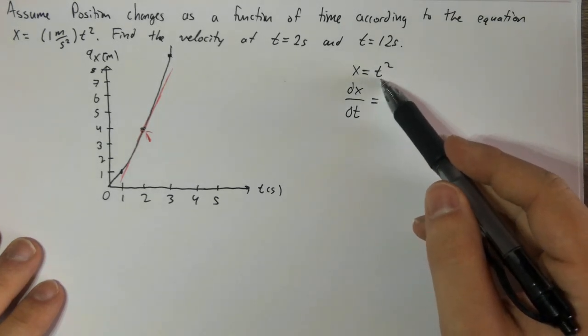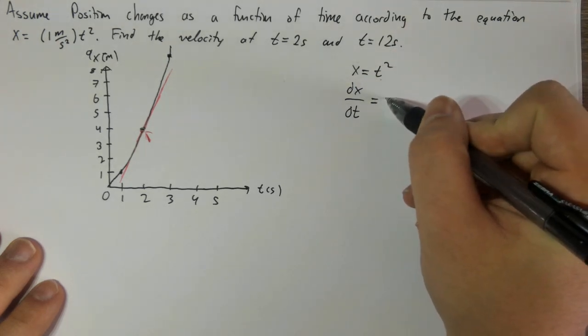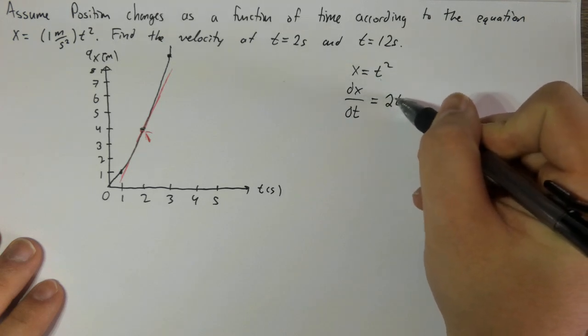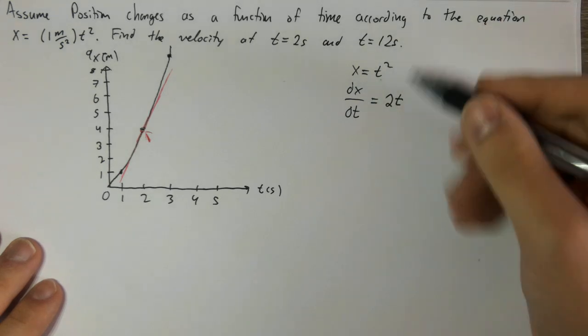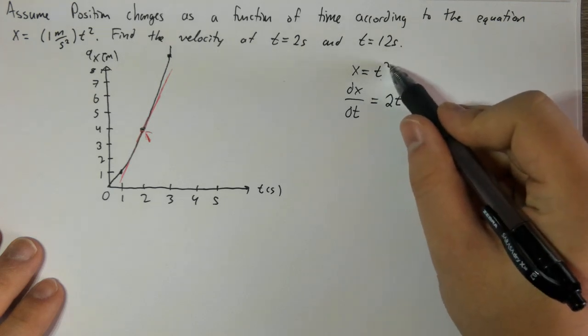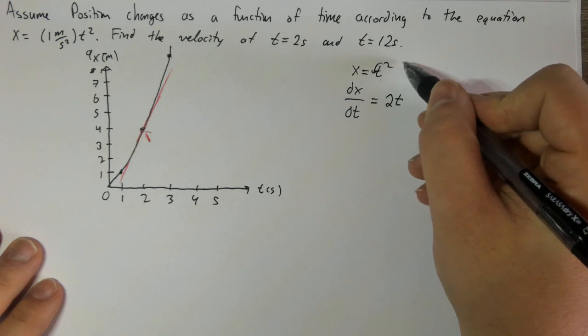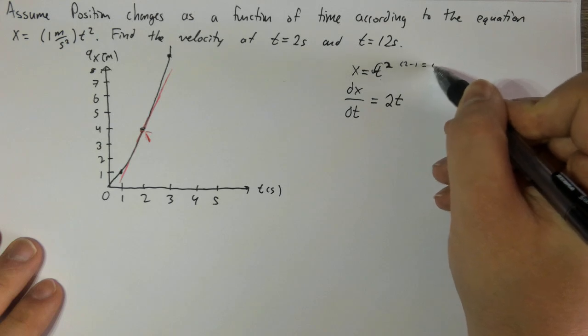So we're taking the derivative with respect to time, which means we can bring down the power of 2, and then we subtract 1 from the power. So it'd be bring the 2 out front, and then in the exponent, it would be 2 minus 1 equals 1.